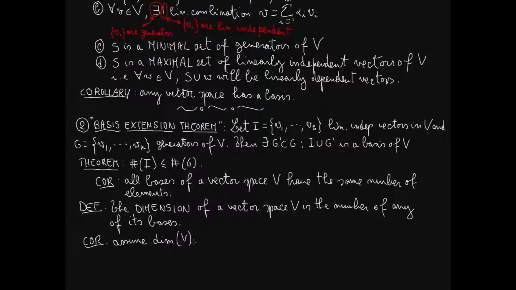So let's assume the dimension of V is n. And then we assume that we have n linearly independent vectors in V. Okay. So we can conclude that they are generators.